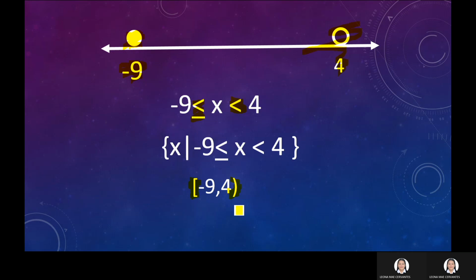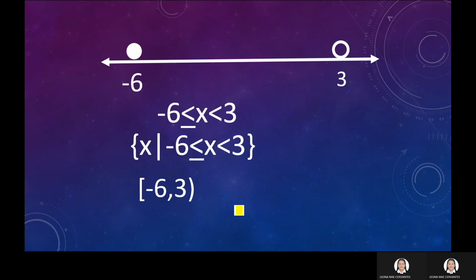So next, we have negative 6, shaded or included, and positive 3, not shaded or not included.